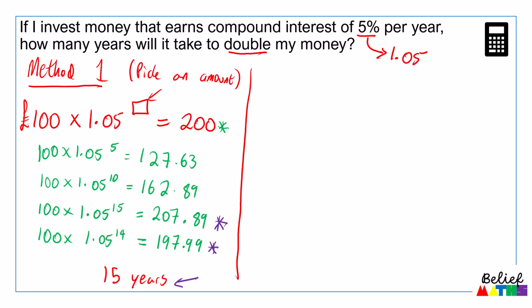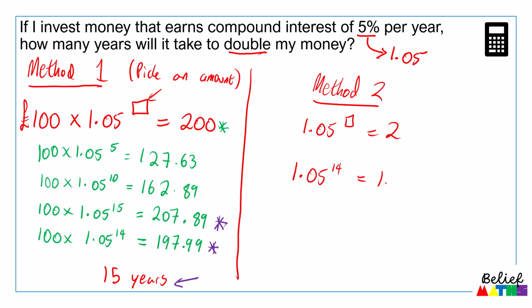Now method 2 is pretty much the same, but we just work with our multipliers. And instead of using an amount, we would just do 1.05 to the power of something to give me 2. Again, if we tried all the same things, we'd eventually get to 1.05 to the power of 14 gives us 1.9799, and 1.05 to the power of 15 gives us 2.0789.